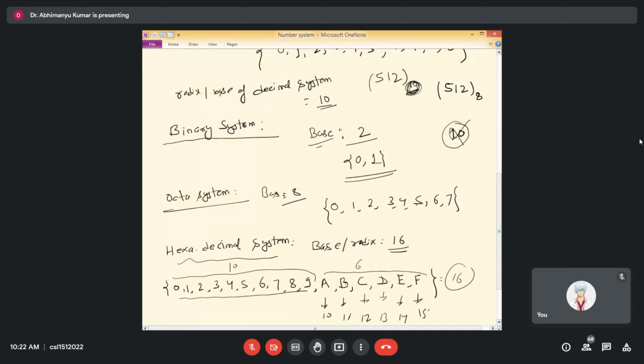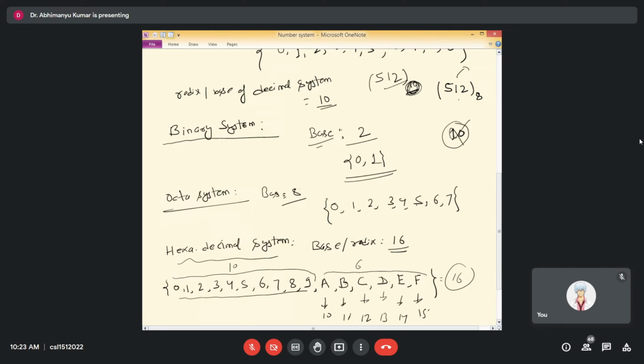In the octal number system, how many symbols can we use? 0 to 7. So here also we use 5, 1, 2, so this is an octal number system. But it is representing some different quantity than if we claim that this is a decimal system. If we claim this is a decimal system, it is representing this quantity. If it is claimed to be octal, it is representing some different quantity, right?